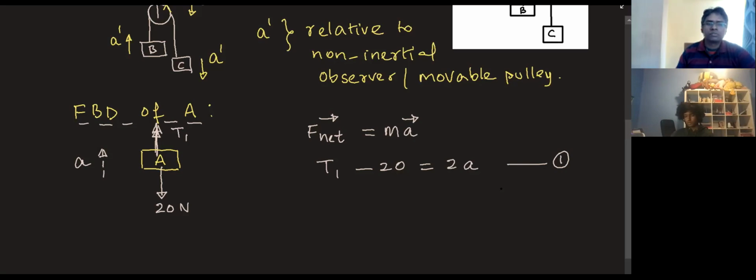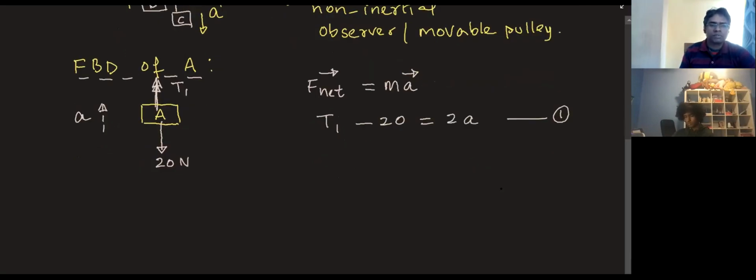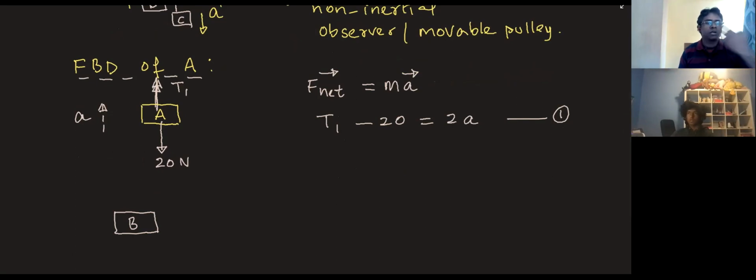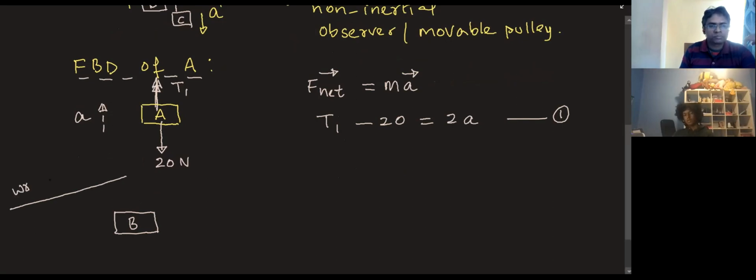And then we will go to the free body diagram of B. Now you have to understand B and C are analyzed relative to the movable pulley, or an observer moving with the pulley. So these are with respect to a non-inertial frame. You still remember the pseudo force concept?